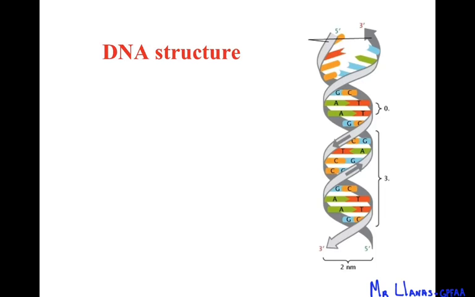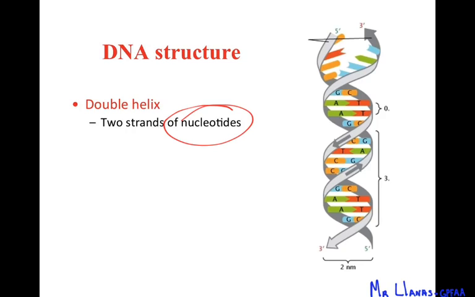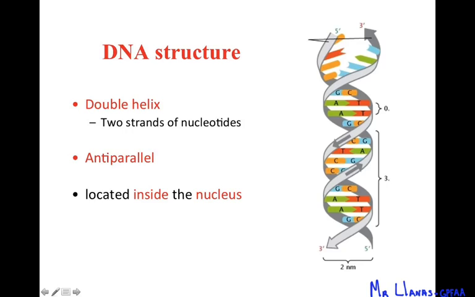Okay, DNA we know is a double helix, double-stranded, two strands of nucleotides. Remember, nucleotides are the monomers of nucleic acid. You can see it here on the right. It's anti-parallel. You know that two parallel lines never touch each other, right?